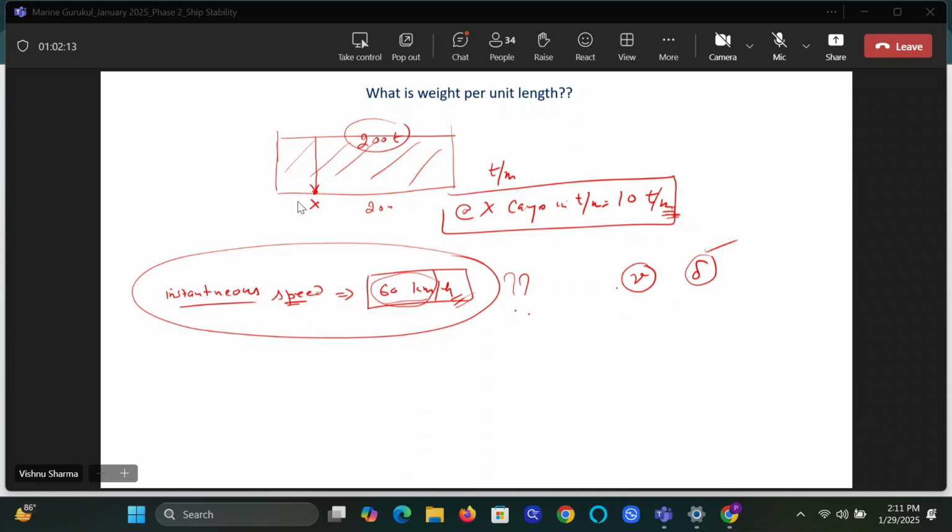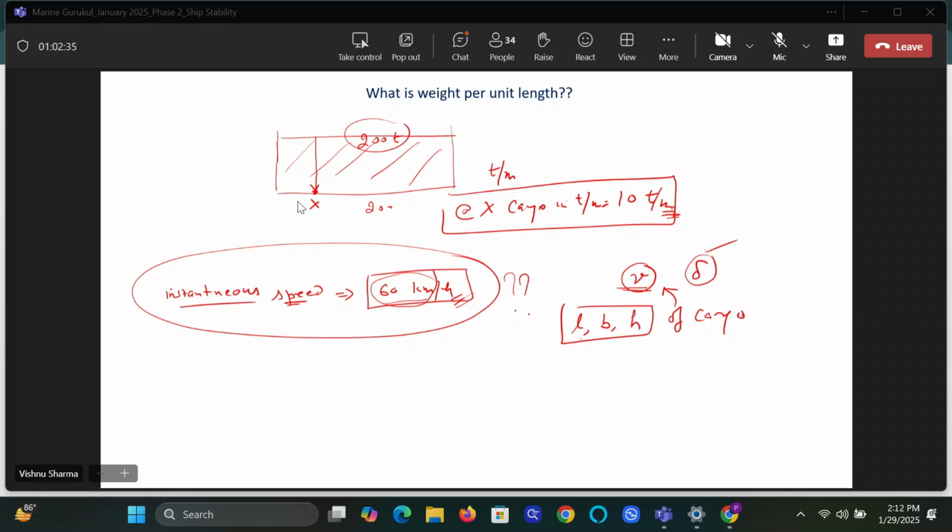What does the volume of the cargo depend upon? In a box-shaped cargo hold, it will depend upon the length, breadth, and height of the cargo. Am I right, guys? Yes or no?